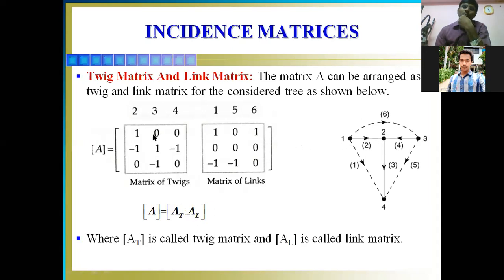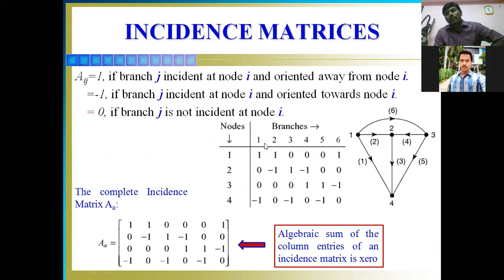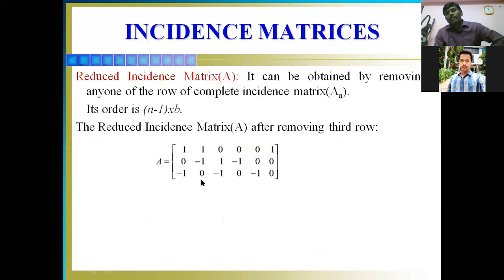So if you separate this matrix with respect to twigs and links, twigs are the branches of the tree, 2, 3, 4. So first you place the second column, third column, fourth column. Then place the columns of the links. Here, see, 1, 2, 3, 4, 5, 6. From this reduced incidence matrix, place 2, 3, 4, then 1, 5, 6 later.